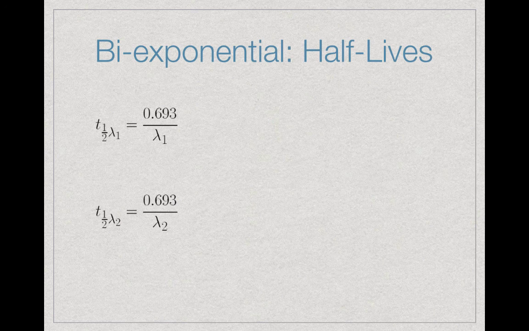To simplify these into these two equations, we took the mass balance equations from above, added in all of the concentrations, and then solved the ordinary differential equations for the half-lives of the two different parts of the bi-exponential decay. If you're really excited about that, I'm more than happy to walk you through the derivations. If you're not, then these are the simplified versions of these equations.